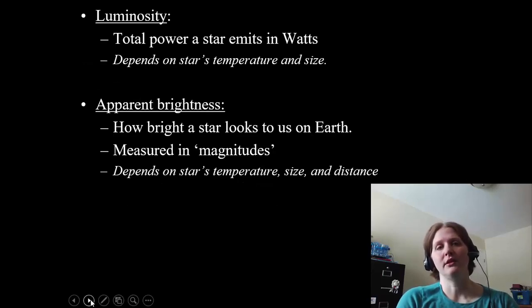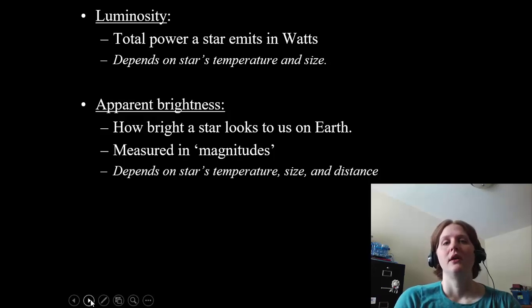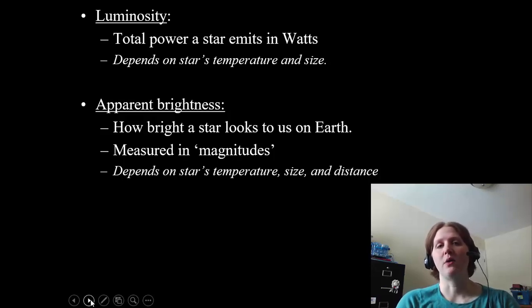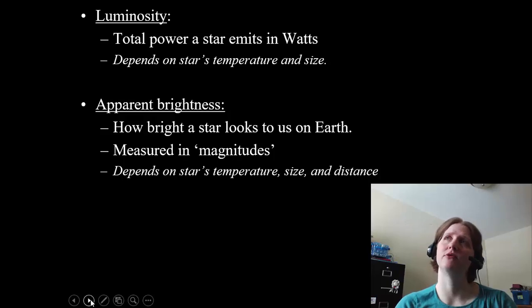So let's start off with some definitions. Luminosity. Luminosity is the total power a star emits, and you might measure that in watts. And that depends on the star's surface temperature and the size of the star. Recall back to the chapter we did with spectra and thermal radiation.